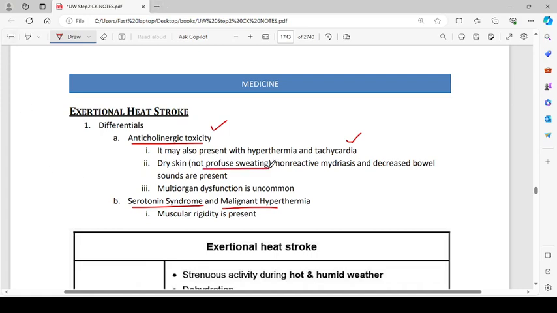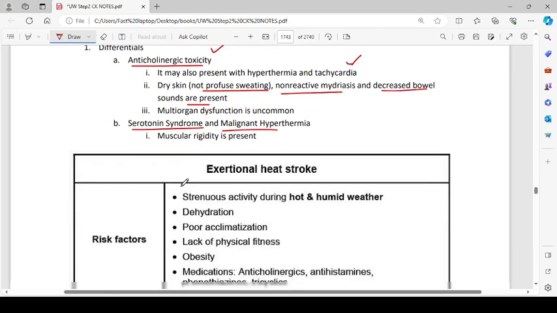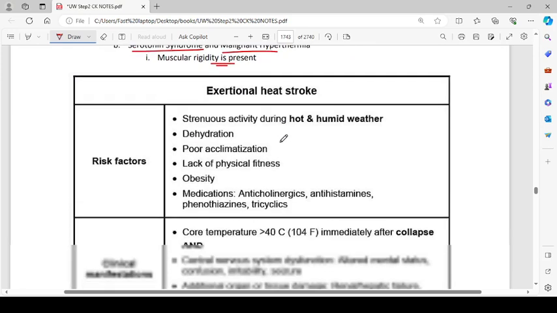So dry skin, not profuse sweating. In exertional heat stroke there will be sweating, but in anticholinergic toxicity the skin will be dry. Non-reactive mydriasis and decreased bowel sounds are present. Multi-organ dysfunction is uncommon. In serotonin syndrome and malignant hyperthermia, muscular rigidity is present.